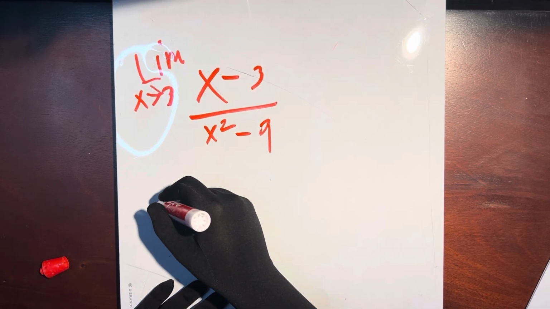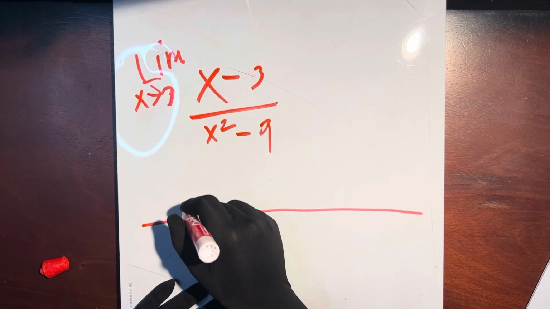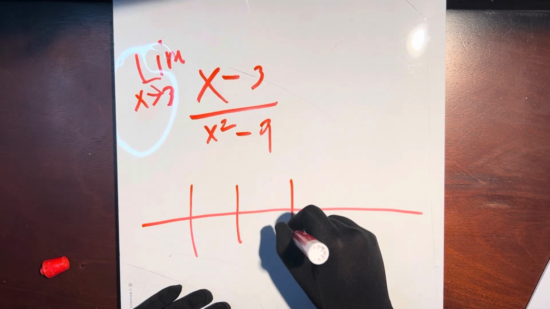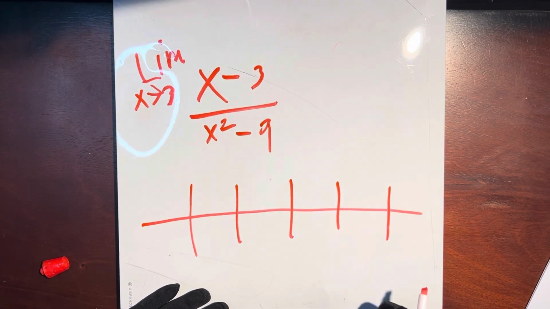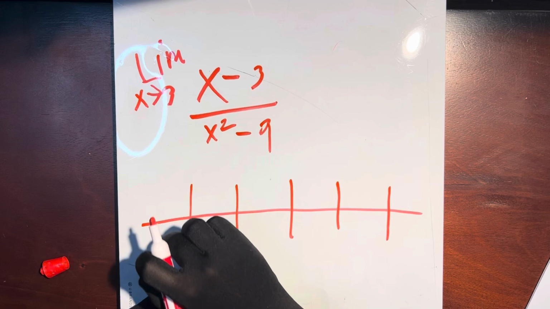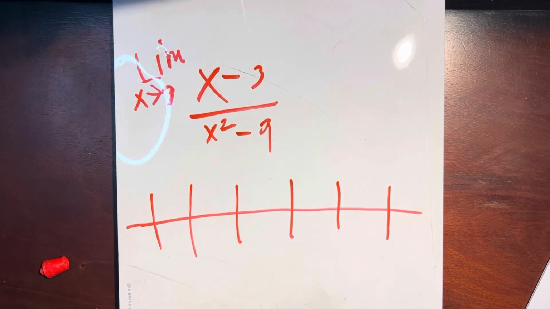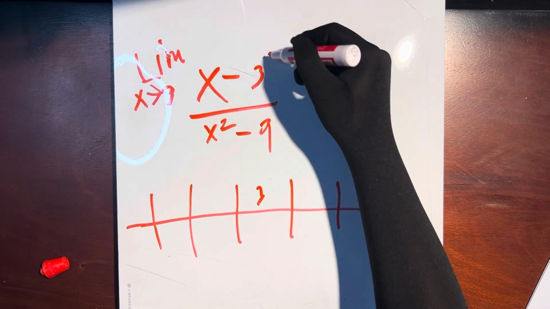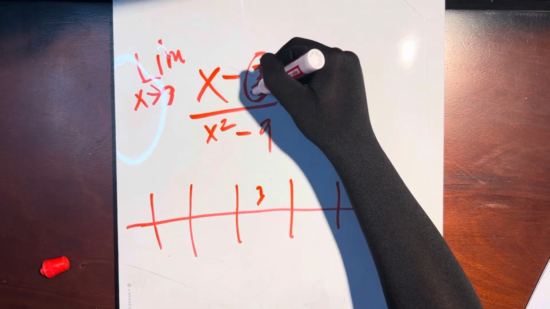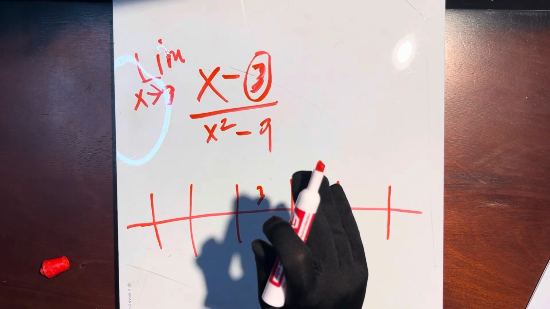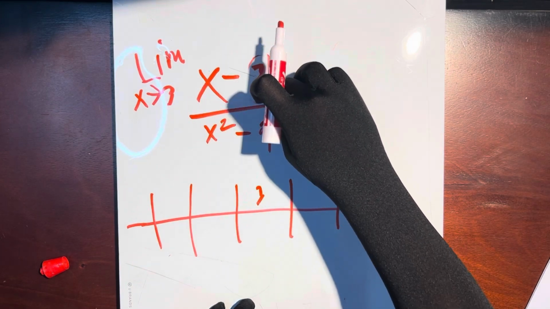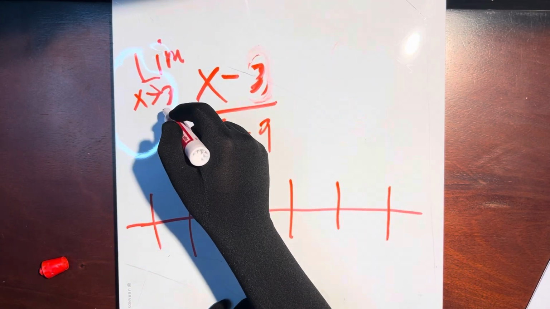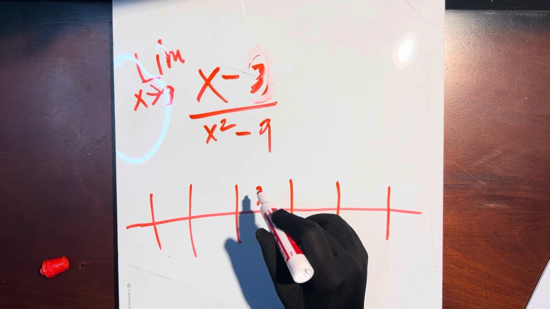So, draw a table. You want to make it look something like this, with 7 spots. Put in the very middle 3, or whatever x is equal to.